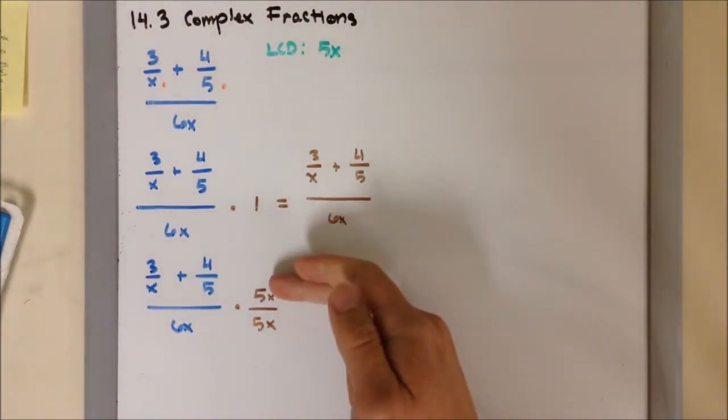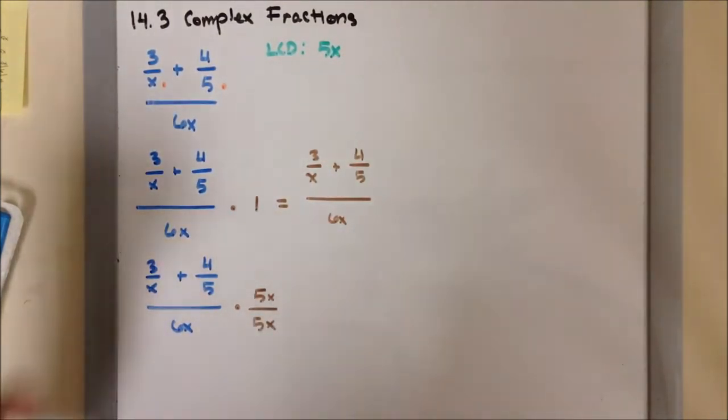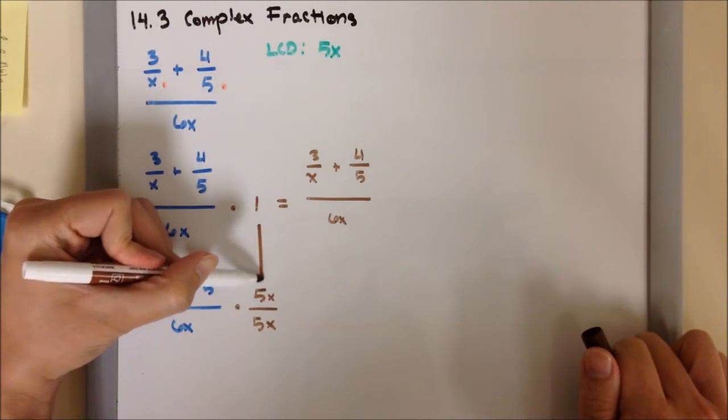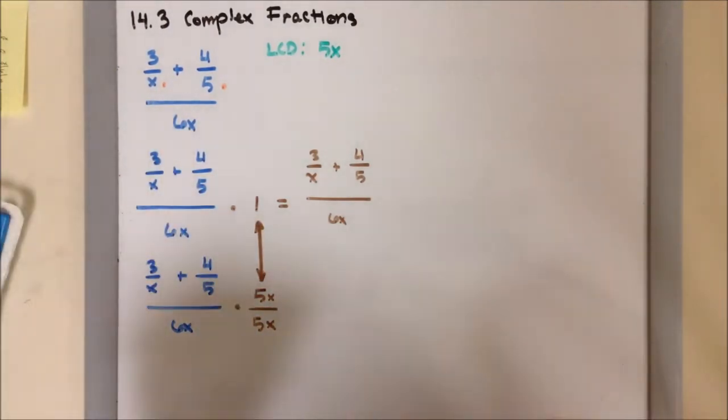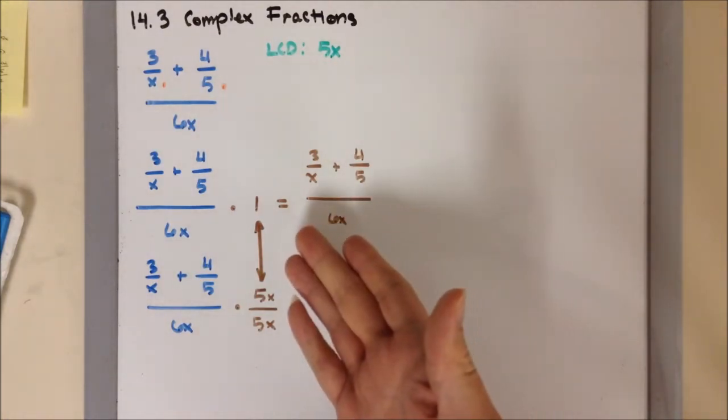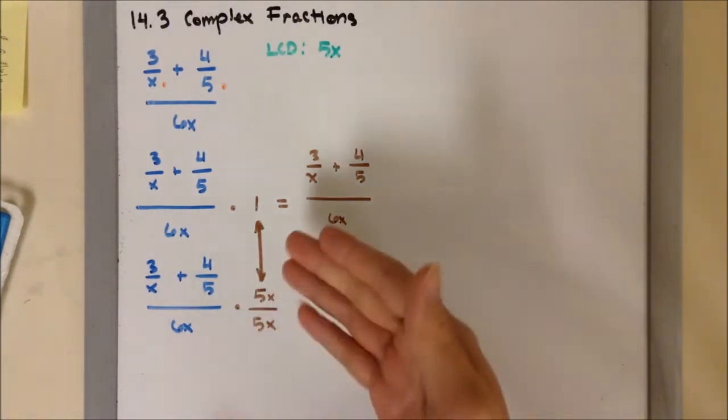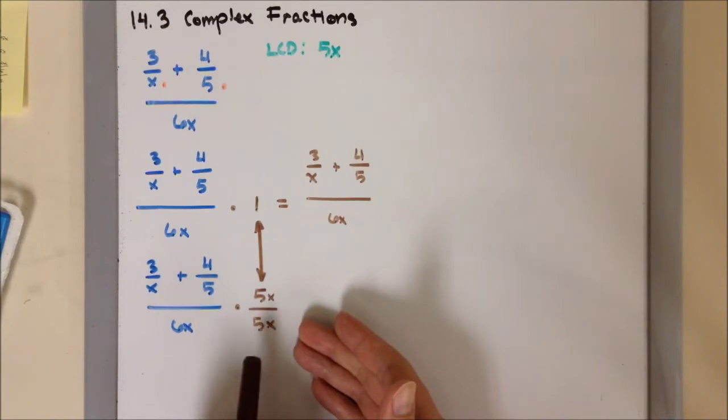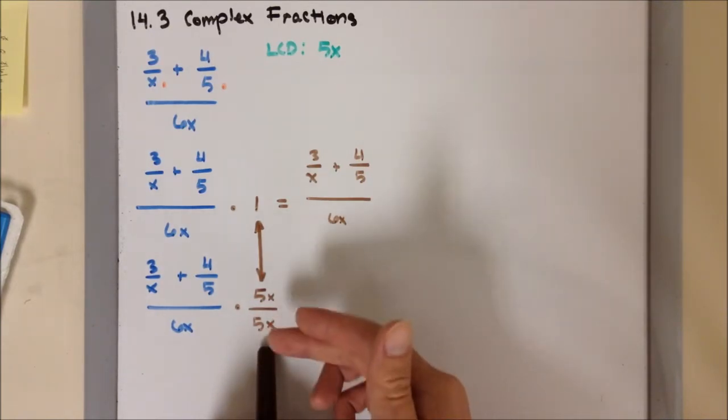We know that 5x divided by 5x is 1. The reason I'm mentioning the 1 concept is that it's okay to multiply the complex fraction when 1 can be converted to a fraction where the numerator and the denominator are the same.